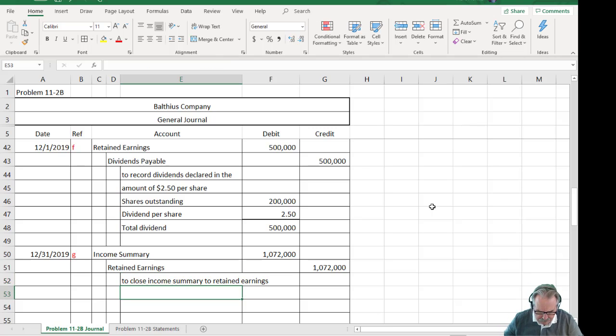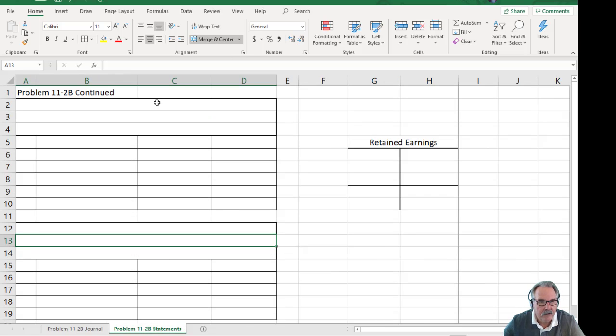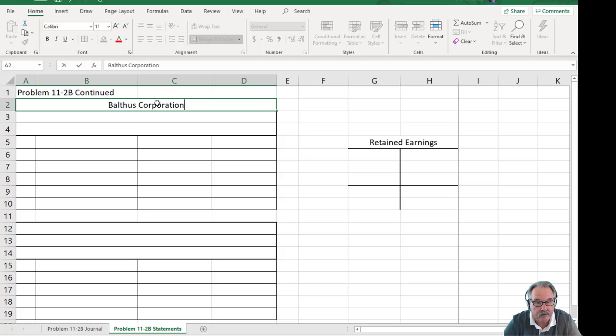And now what they want us to do is to prepare a statement of retained earnings. On the other tab, I've got some statements set up that look like this. This is the Balthus company, and here is a statement of retained earnings for the year ended December 31, 2019.